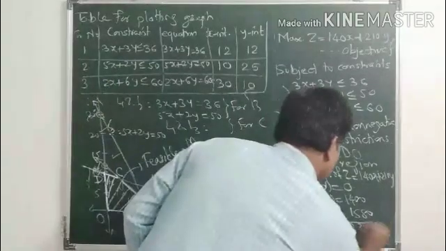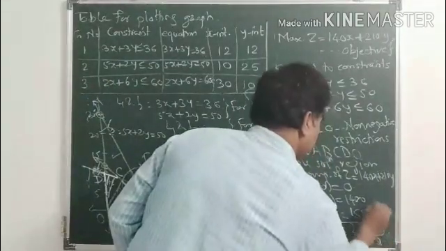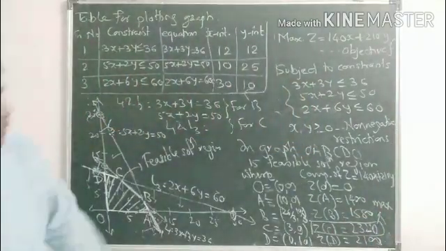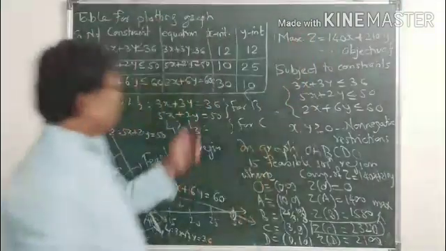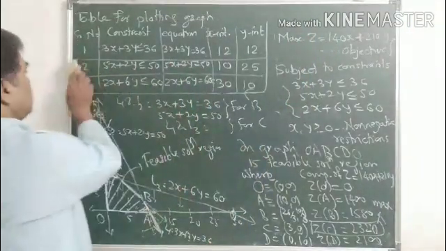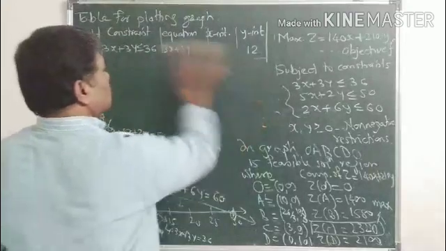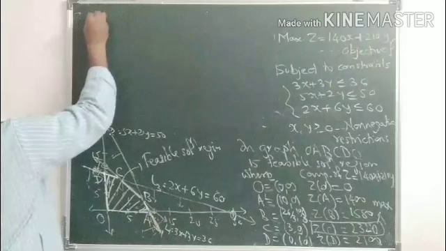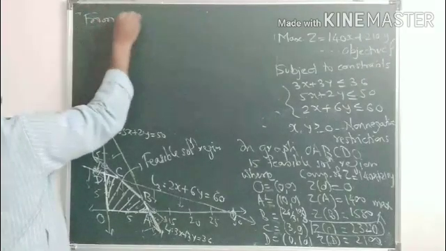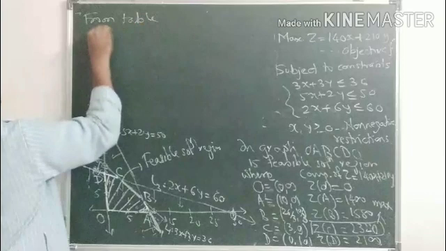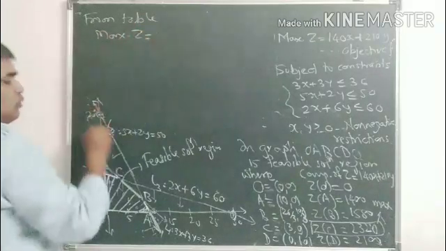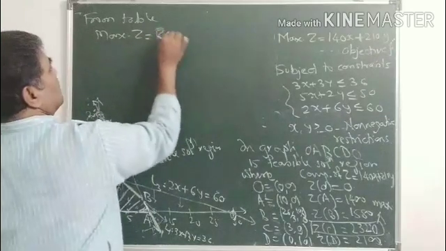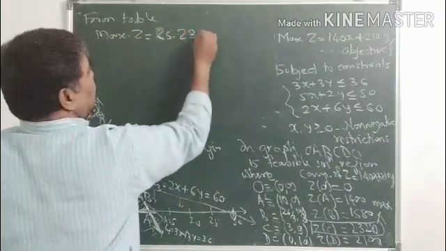So this Z at C is your maximum. I am not interested in these inequalities now. Maximum from the table: maximum Z is equal to 2320 rupees.